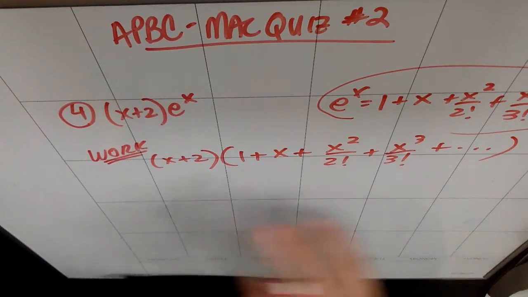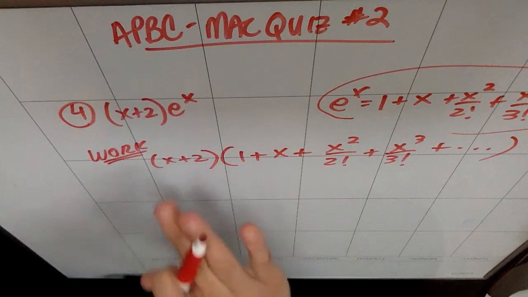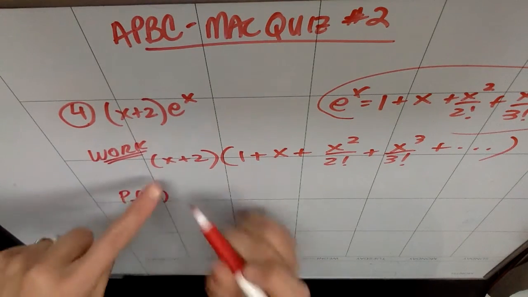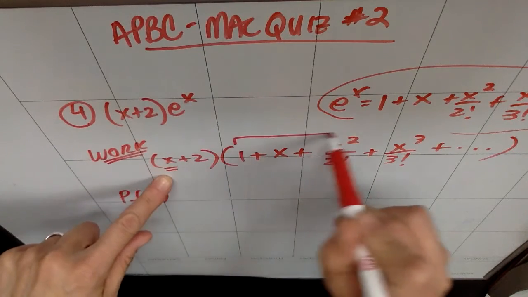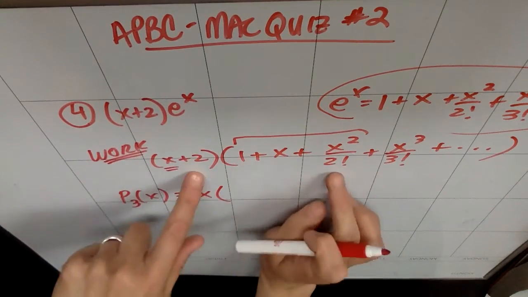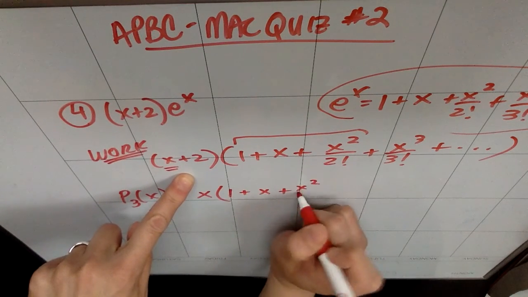So I'm going to go ahead and distribute. You could either do this as written work, or honestly, you could be a little lazier. I'm going to be lazier. I recognize that I take this x, but I can only multiply it by the first 3 terms. It's going to be x times the terms that would yield something no bigger than a cube. So 1 plus x squared over 2.